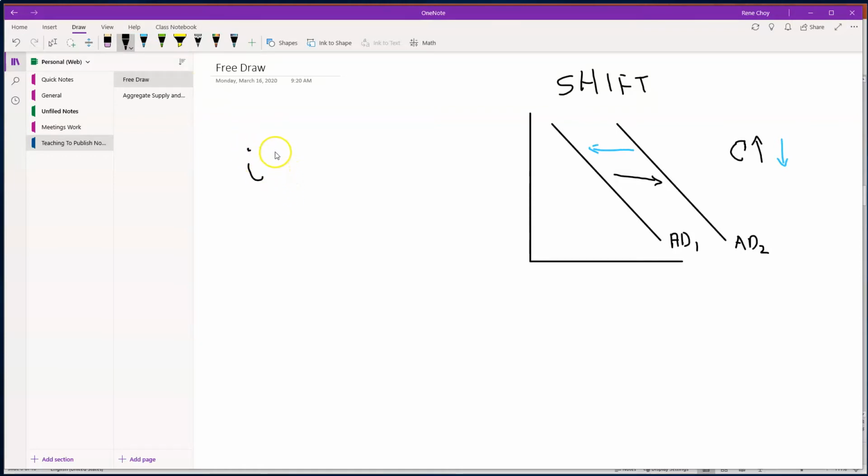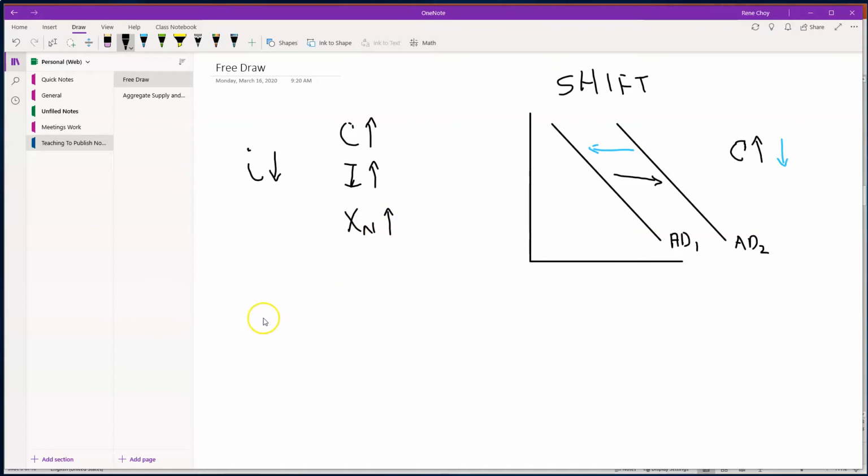Every time, for example, there's a decrease in the level of interest rates, you're going to notice a general increase in the level of consumption, an increase in the level of investment, and an increase in net exports due to a depreciation of the currency.